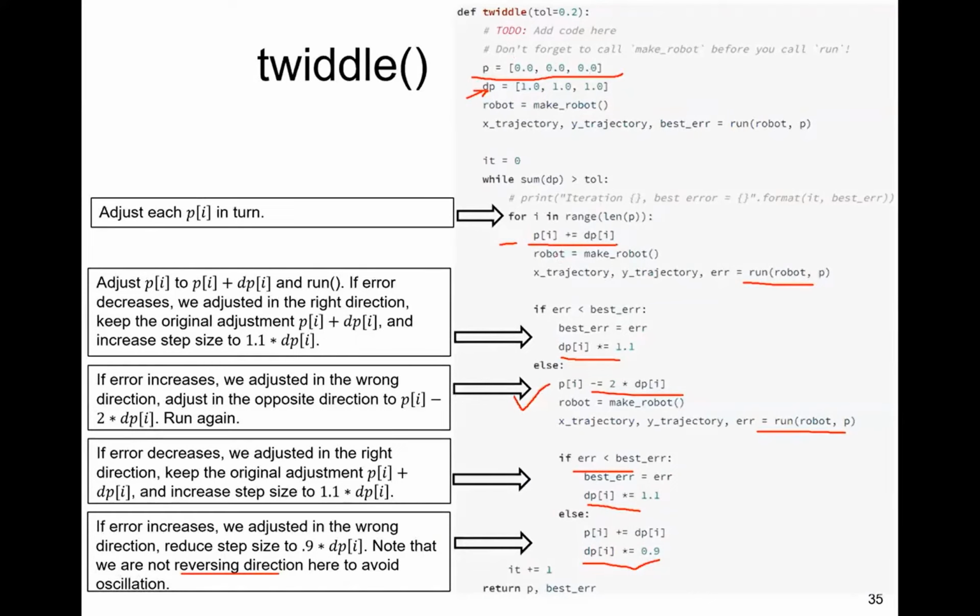And then you are repeating the process until some dp does not exceed a tolerance, which means that your step size is so small that you're not adjusting anymore. Then you stop.